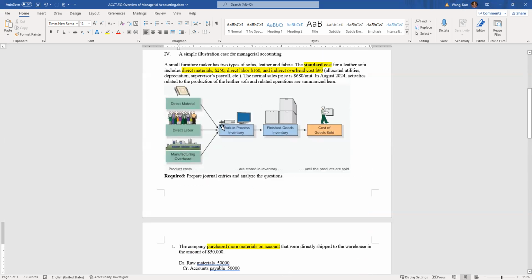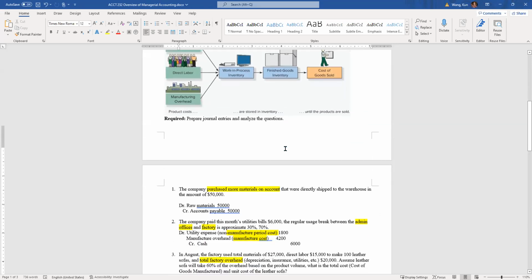So if you can recall from the cost flow we have in this picture, work in process captures all of the cost inputs from the beginning. And once they are completed, finished, they will be transferred to the finished goods warehouse, another inventory account.